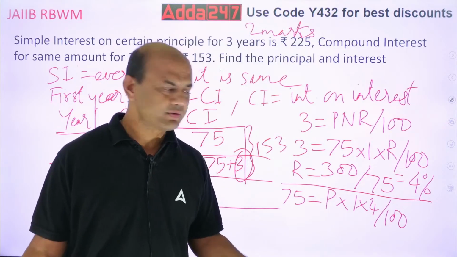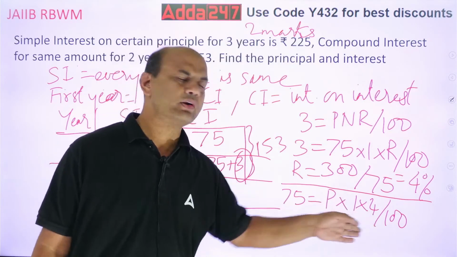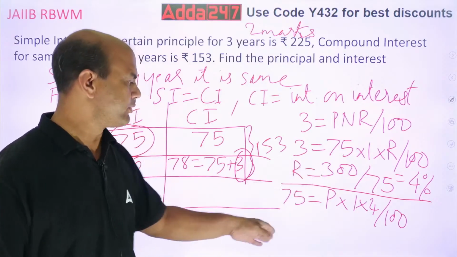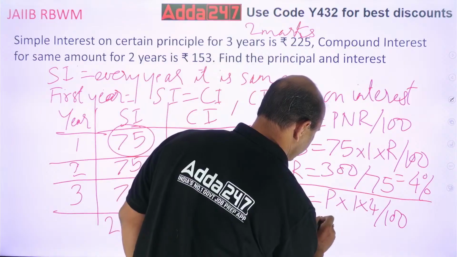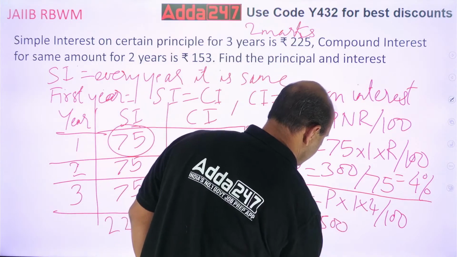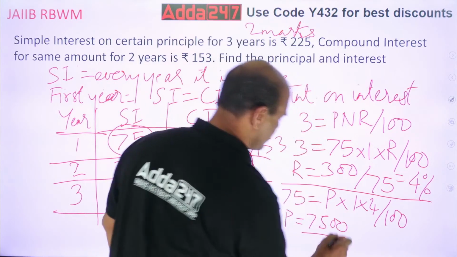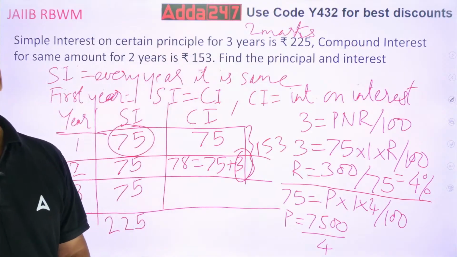So solve it now. You've got everything. 75 into 100 divided by 4. So P equals 7500 divided by 4. Solve it, everyone.